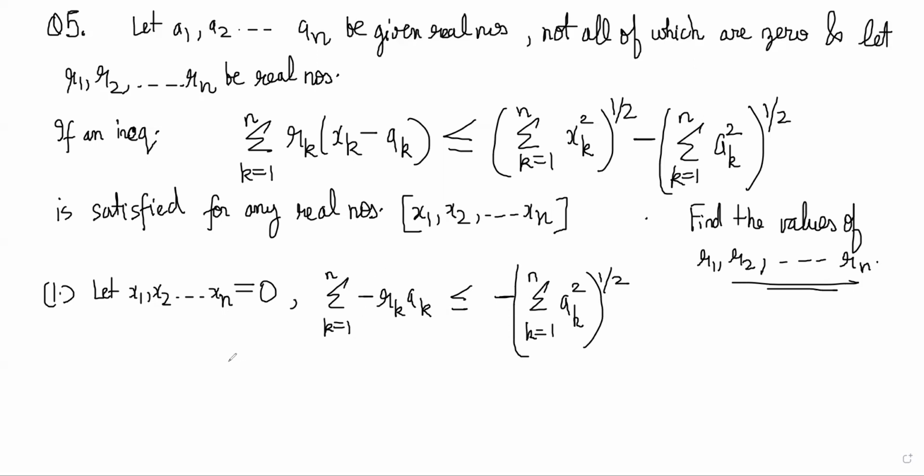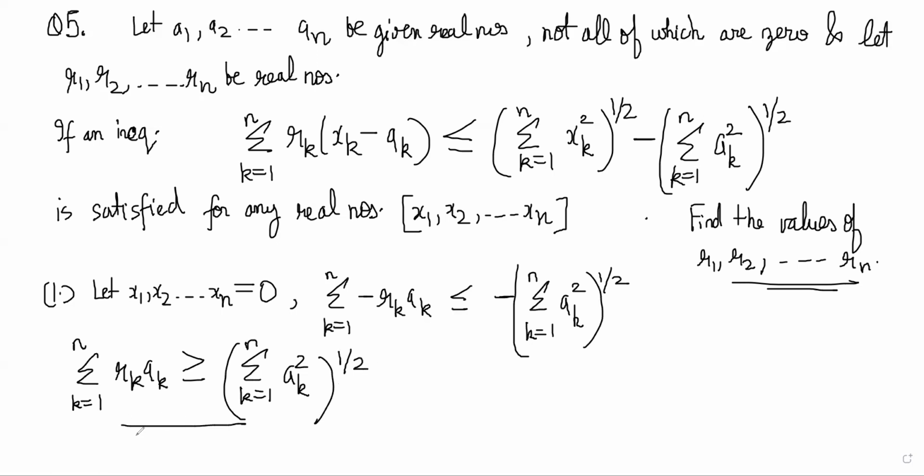So when you multiply by minus 1 here, you will get summation k is equal to 1 to n rk ak is greater than equal to summation k is equal to 1 to n ak square to the power half. So this is the first condition that we are getting, right?